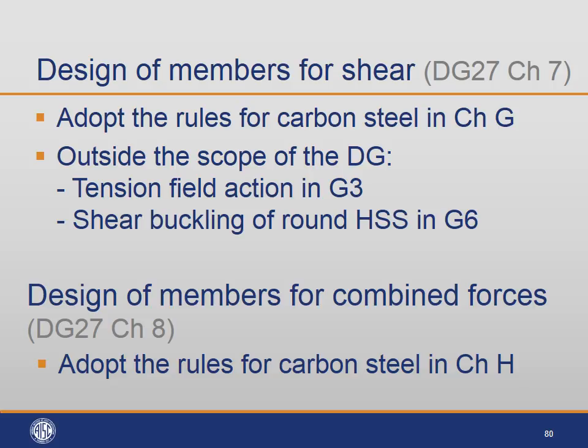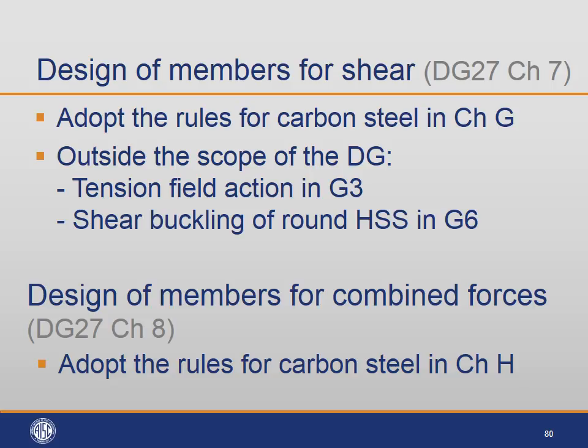Now I would like to flag up that in Chapter G, for webs of rolled I-shaped members, you'll remember that if the h/tw value is low, you can actually use an increased resistance factor value of 1. But we haven't included this allowance in the design guide since we had no specific test data to justify that. So the resistance factor of 0.9 applies.